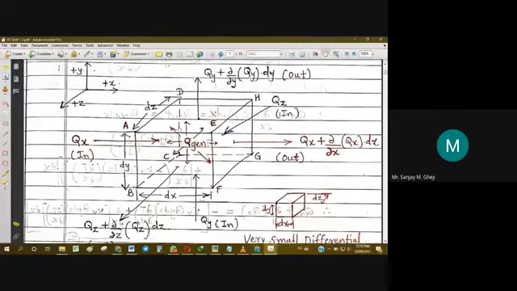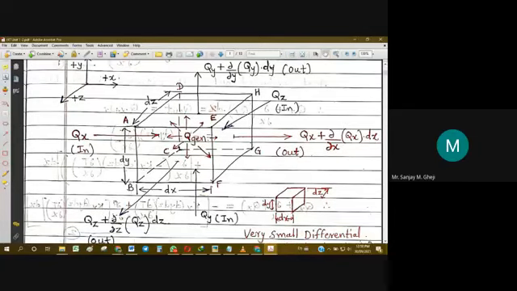Now see, this is the positive x direction as indicated here. This is vertically upwards, positive y direction, and this is positive z direction, which is coming out of the paper or plane. Now we will consider the heat conduction in all three directions, one by one. Here there is heat conduction into this element from this face.